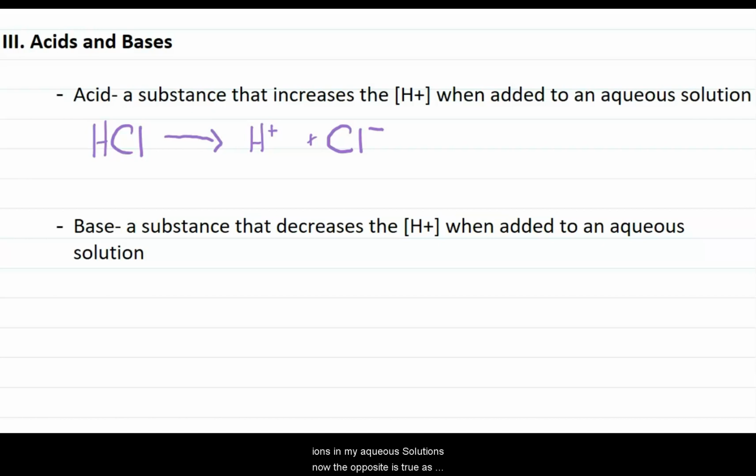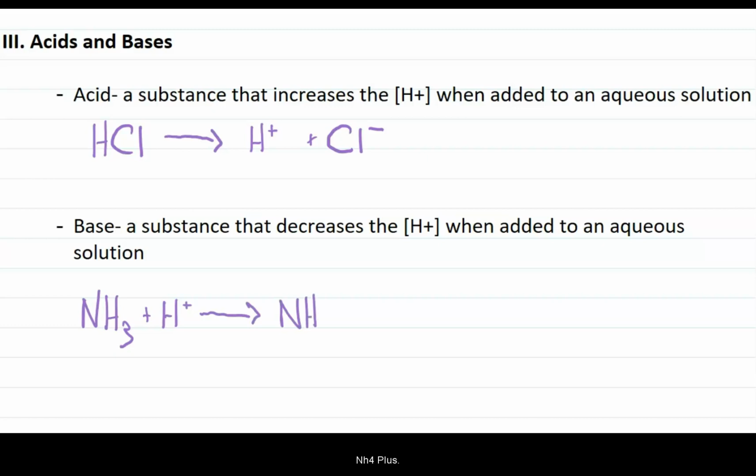Now, the opposite is true as well. So a base is something that removes hydrogen ions from a solution. So a great example of this is ammonia, or NH3. So NH3, when you put it in an aqueous solution, some of those hydrogen ions that are present in that aqueous solution are going to combine with that ammonia to form ammonium, or NH4 plus. All right. There are other bases that when they are dissolved in water, a great example is KOH.